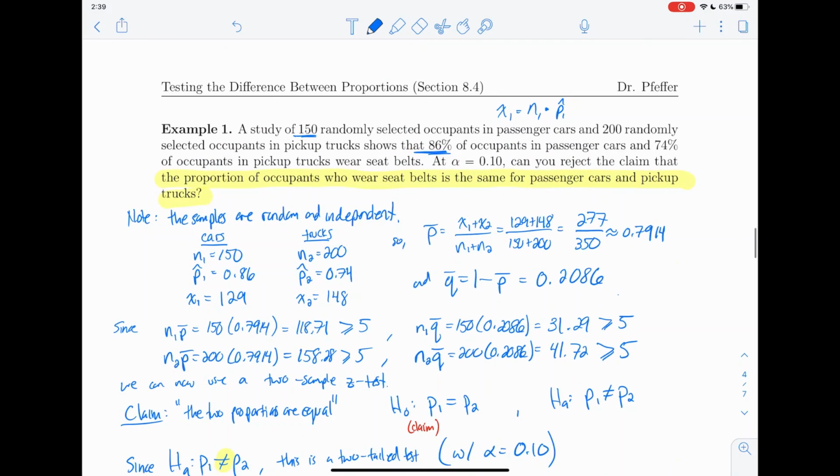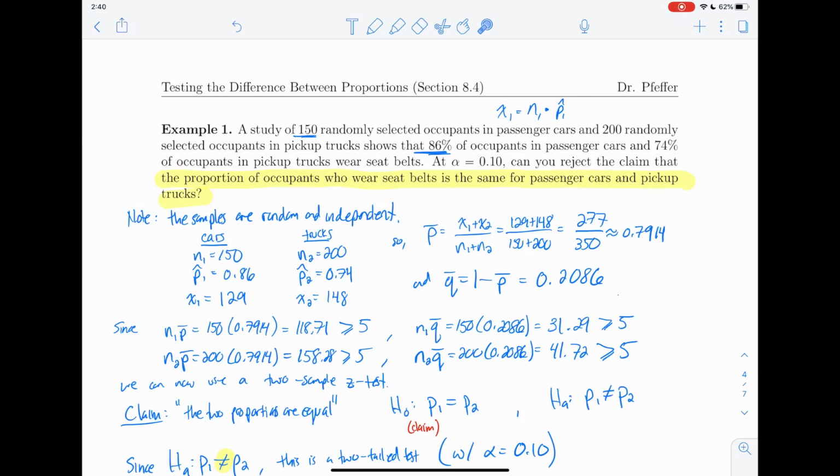So, based on the sampling data that was given, with 10% confidence, we've been able to reject the claim. So, of course, what does that mean? That means that our sampling difference, the fact that we had such a difference in seatbelt representation in our sample, is somewhat indicative of what's happening for the greater populations.